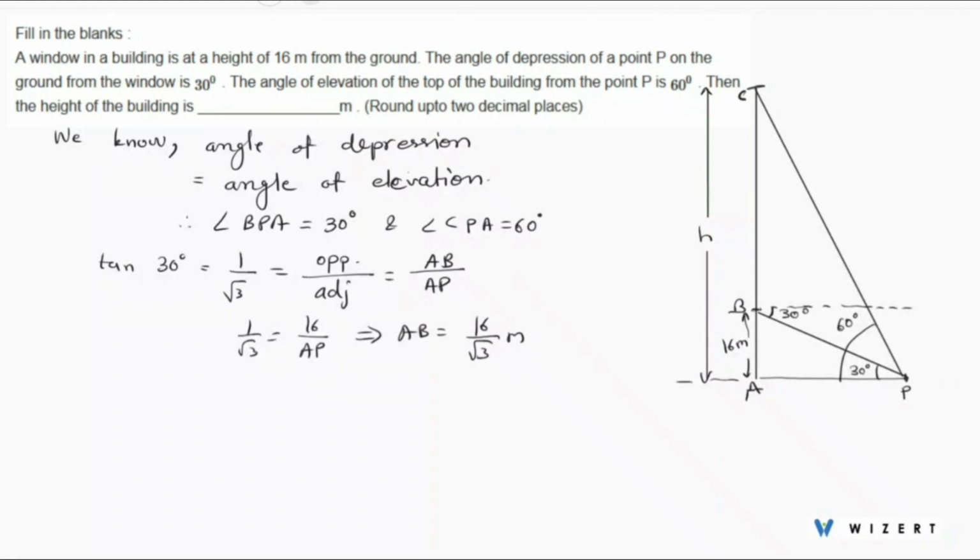Now from this information we can easily calculate the height of the building. We know tan of 60 degrees is equal to root 3, which again is opposite upon adjacent, which in this case is AC upon AP.